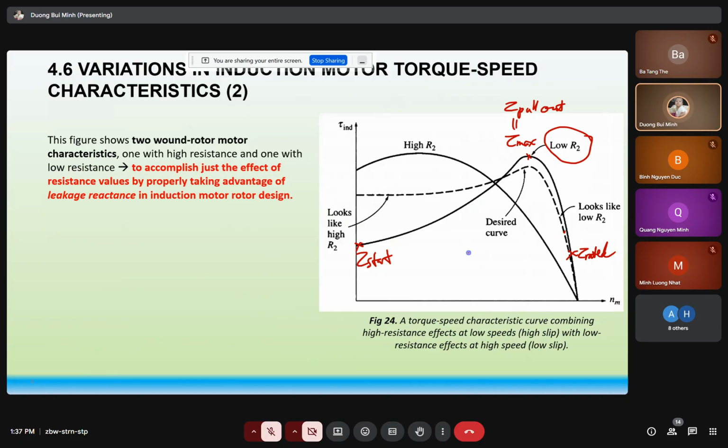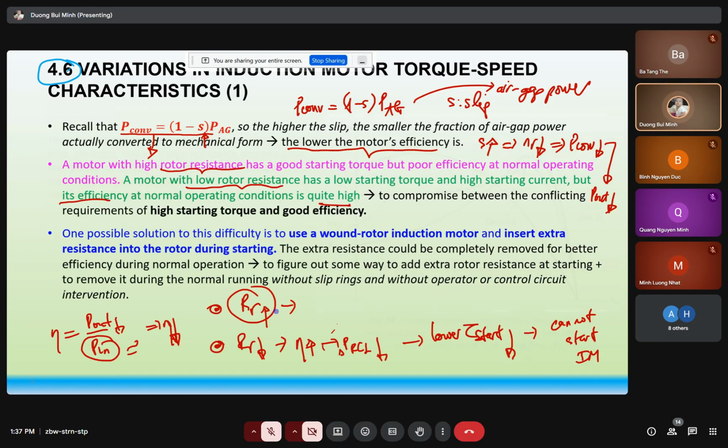So of course, for higher efficiency we think about decreasing rotor resistance. When we increase rotor resistance, efficiency is lower because delta P_RCL is higher, but you can get a higher starting torque, good starting torque.